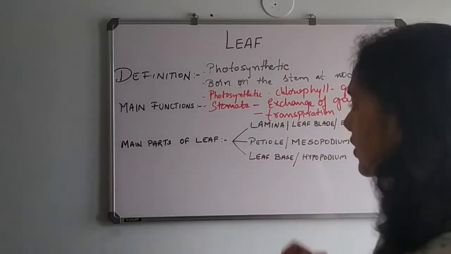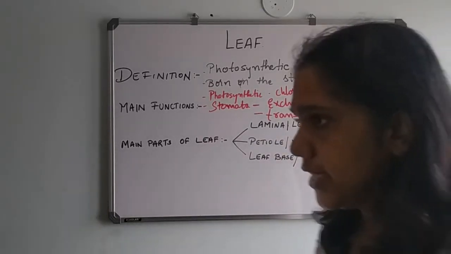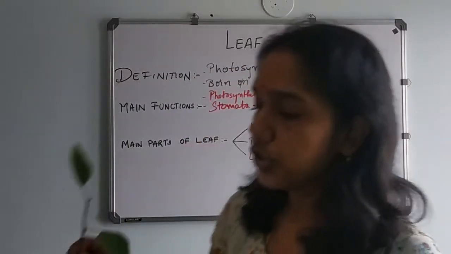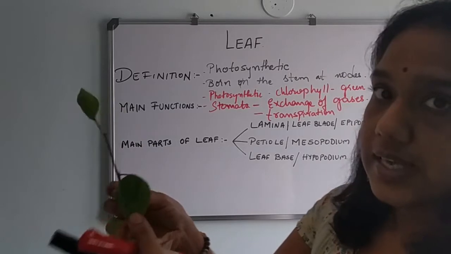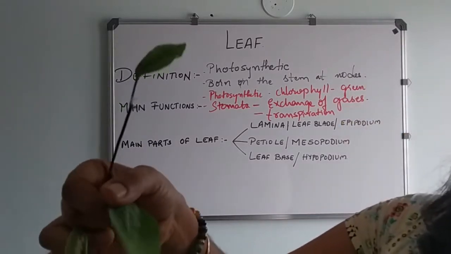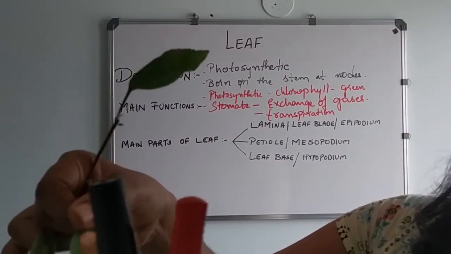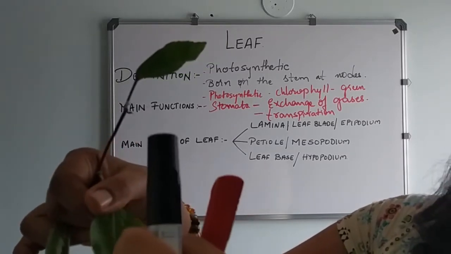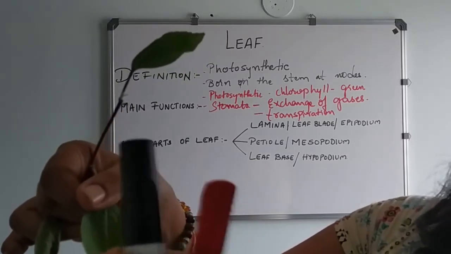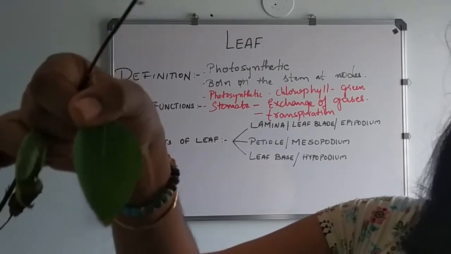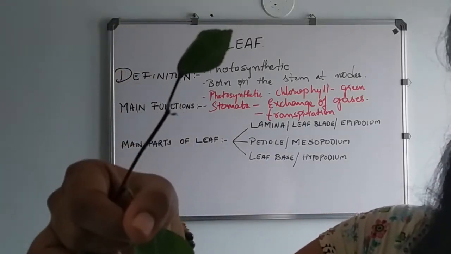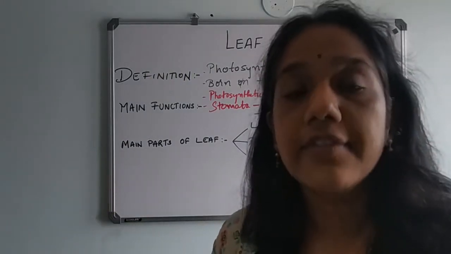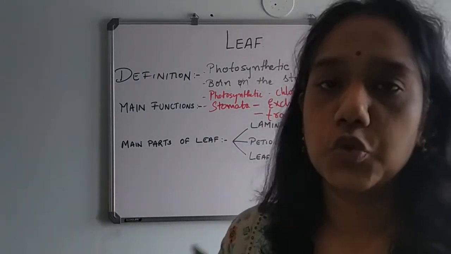Other than this, when you observe a leaf, now here I am showing you a leaf. If you can see properly, there are certain things which are demarcating the leaf blade or the leaf lamina. These long thread-like structures, we call them venation. These are the ones which are going to have the vascular tissues in them.